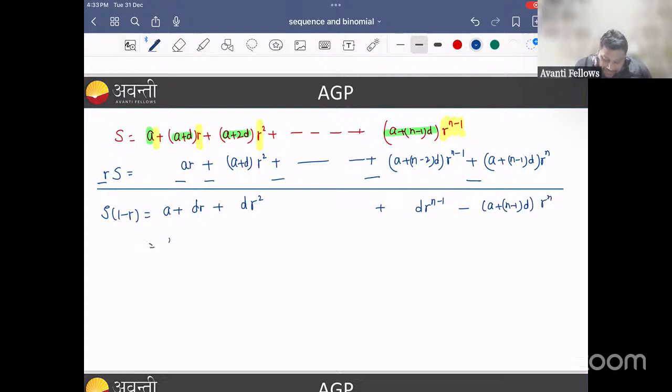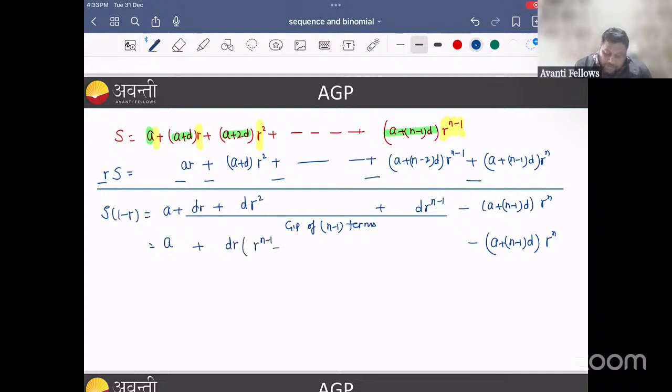Now just keep this A plus N minus 1 into D into R to the power N aside. In between this, if you realize, this is a GP of N minus 1 terms. So the sum of these terms will be dR into R to the power N minus 1 upon R minus 1. Got it?